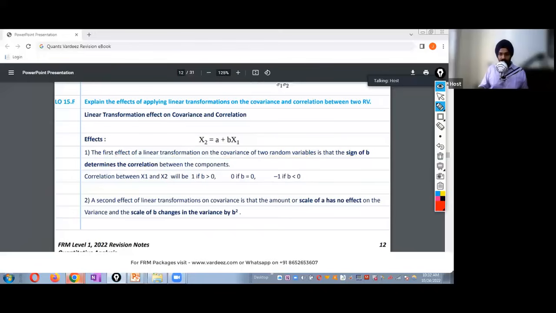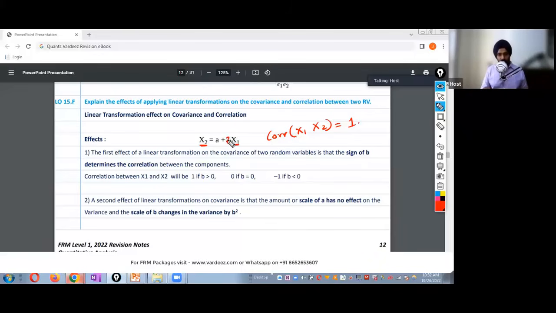Okay, for example, let's just say B is greater than 0. Let's say B is maybe 2. Then the correlation between x1 and x2 is going to be 1. As I said, the maximum value that the correlation can take is 1.